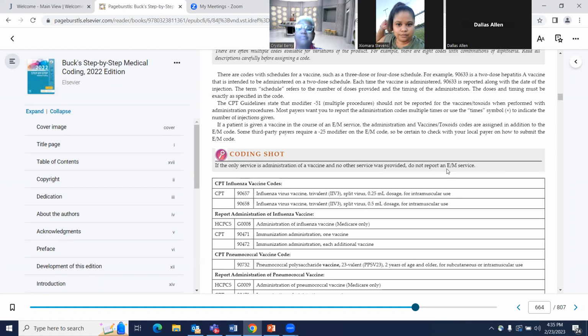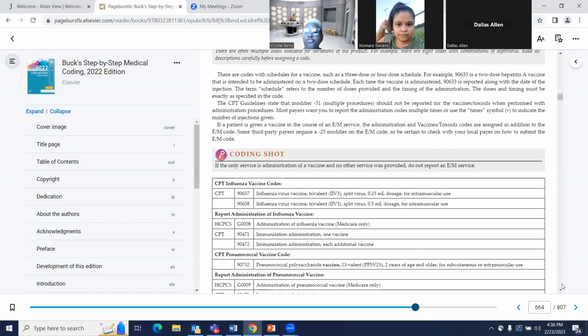Evaluation and management service. Great. So it says if the only service is administration of a vaccine and no other service was provided, do not report an evaluation and management service. EM is evaluation and management service.